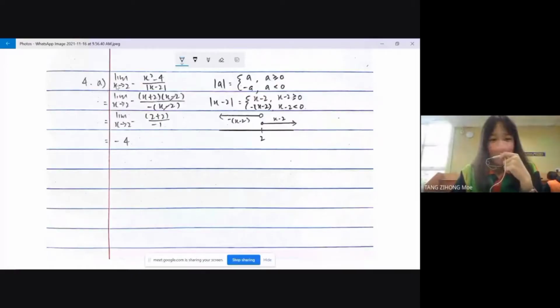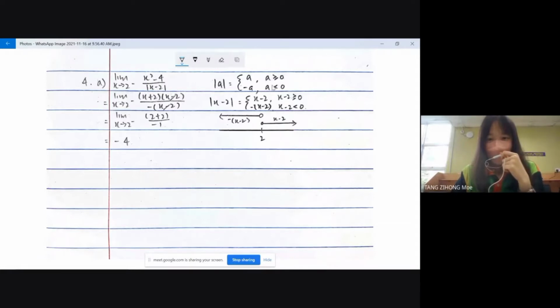Okay, now we're talking about question 4A. The question asks us to find the limit when x approaches 2 from the left, because you can see the negative sign here. The first thing we have to do is solve this modulus denominator, because we don't know whether we have to use x minus 2 or negative bracket x minus 2.